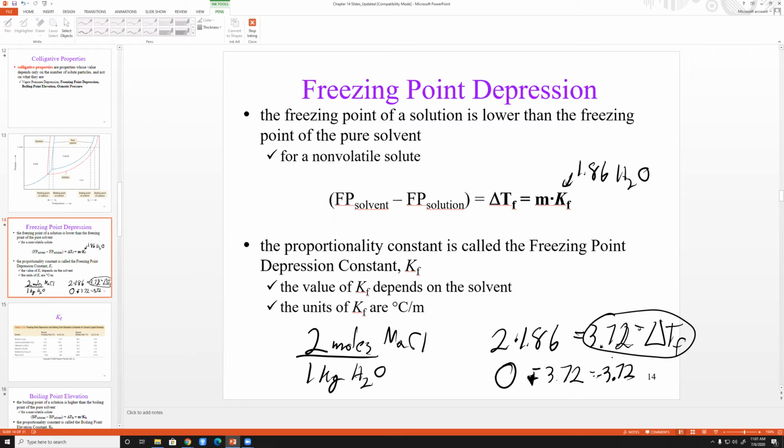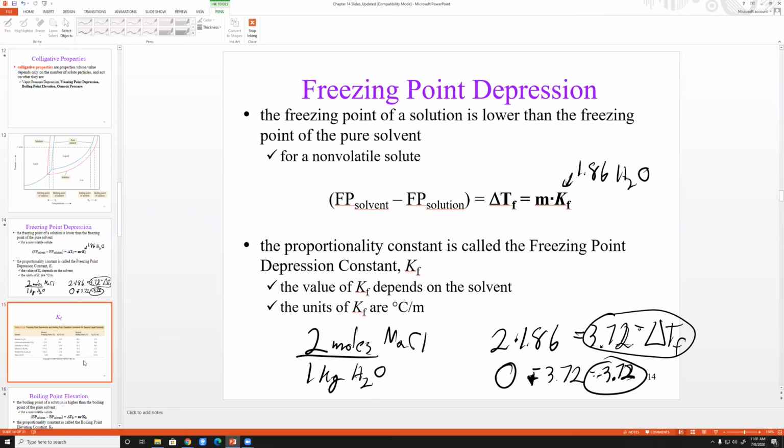So now it's negative 3.72. If you have a different substance that's not water, and let's say the freezing point is 60, you do 60 minus 3.72, which will give you your new freezing point. So just because you solve the equation doesn't mean that's the final answer, is what I'm trying to say. So does that make sense?